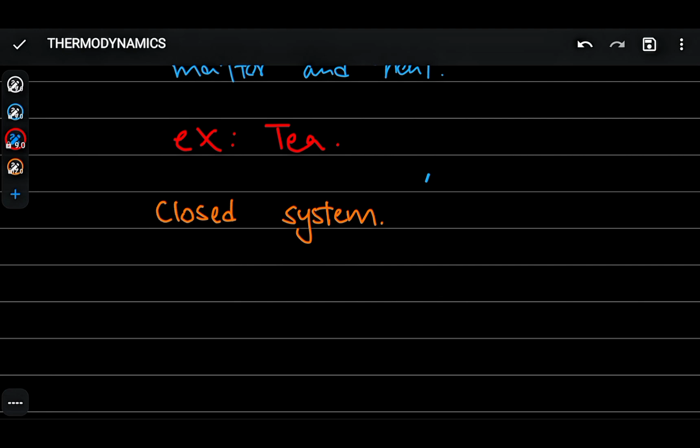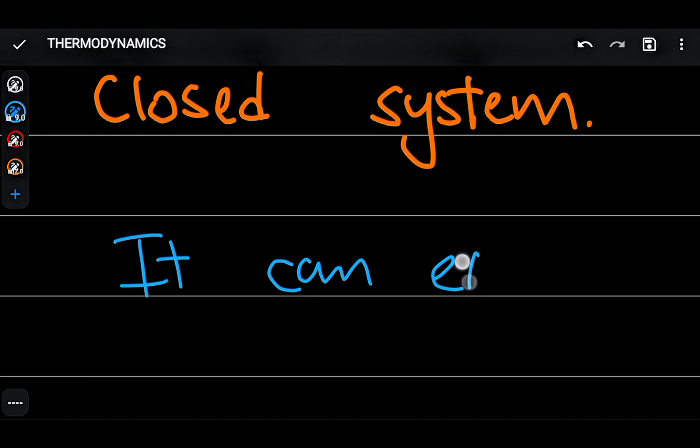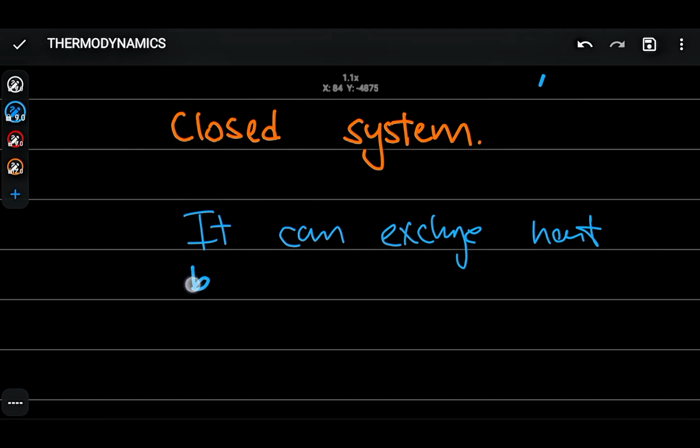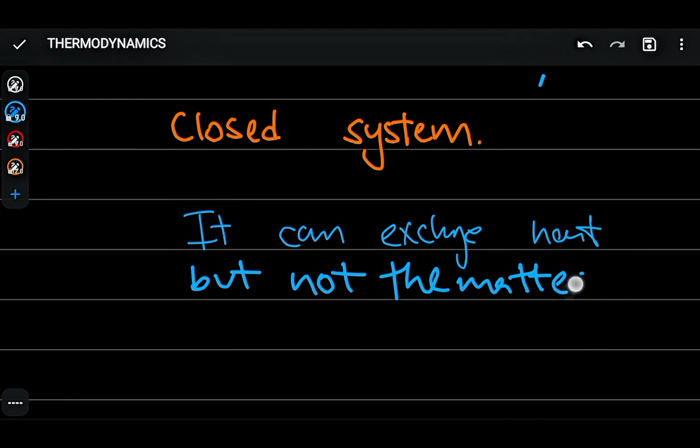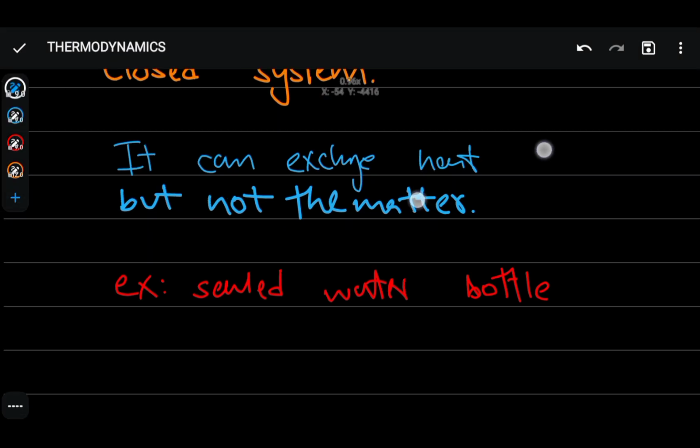Let me write the definition here. It can exchange heat but not the matter. An example can be simply a sealed water bottle.